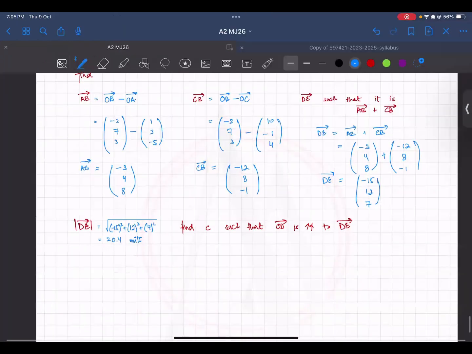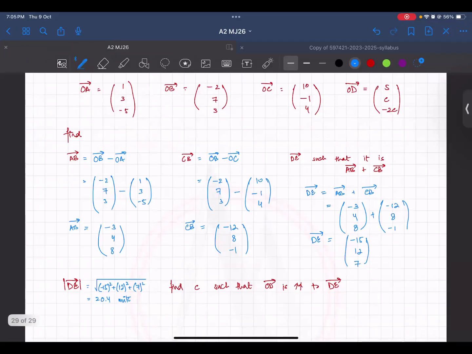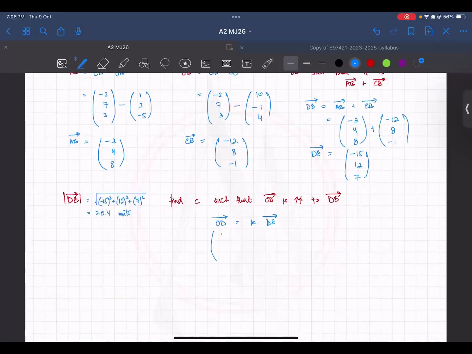Now this one is a little bit interesting. I told you the last one right now. Find C such that OD is parallel to DE. I told you that when two vectors are parallel, they are scalar multiples of each other. So OD is K times DE. OD is 5C, minus 2C, and it is K times minus 15, 12, and 7.